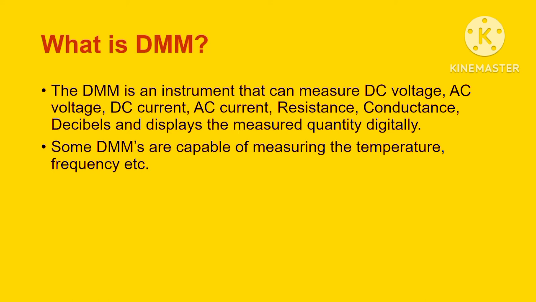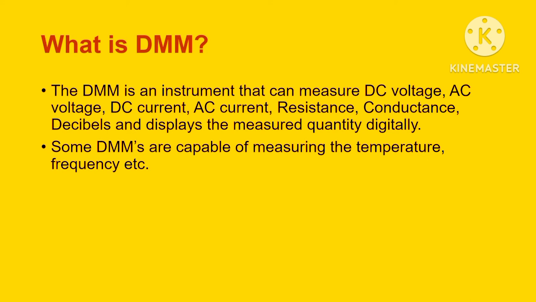Now, what is DMM? The DMM or digital multimeter is an instrument that can measure the DC voltage, AC voltage, DC current, AC current, resistance, conductance, decibels, and it displays the measured quantity digitally.